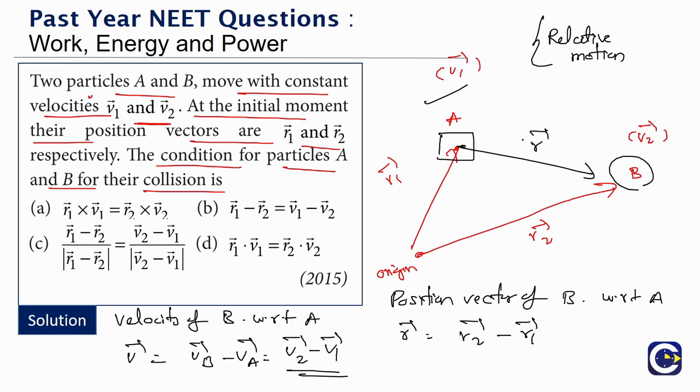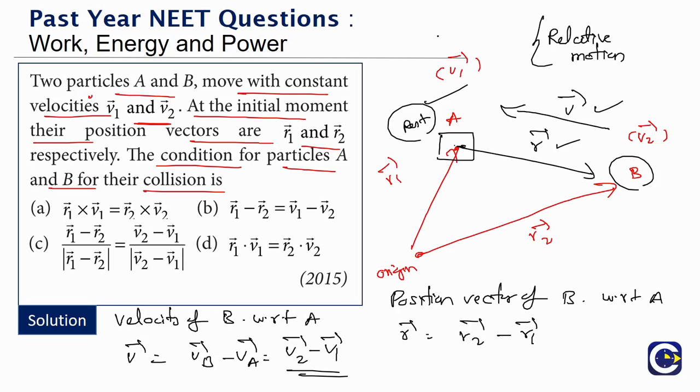For the collision to happen, the relative velocity vector should be exactly in the opposite direction to the position vector of B with respect to A. It's like A is at rest, and B will have to move and collide with A, which means the relative position vector r bar and the relative velocity vector should be in opposite directions. Then only B will be able to collide with A, which means the directions of r bar and v bar should be exactly opposite.